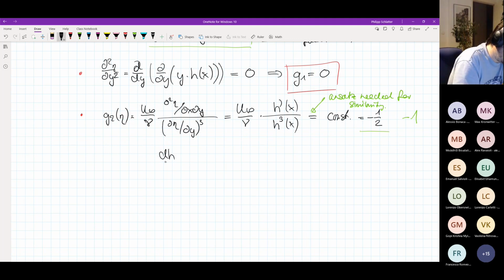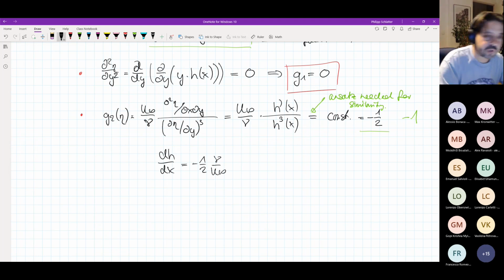So I write it like this: dh dx, that's h prime, is -1/2 times nu divided by u infinity times h to the 3. So this is now an ordinary differential equation that I can solve for h.